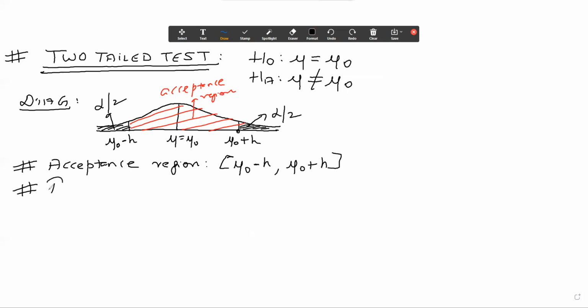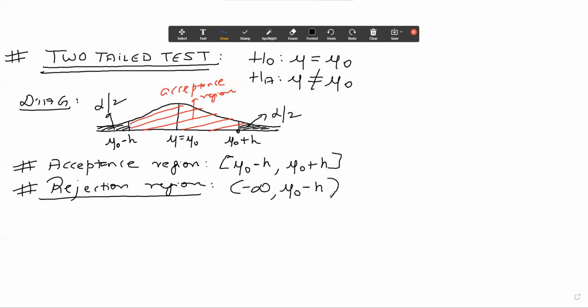What will the rejection region be? Take the complement of the above. You know how to take complement of a set or complement of an interval. If I take the complement, it's minus infinity to mu naught minus h union mu naught plus h to infinity.